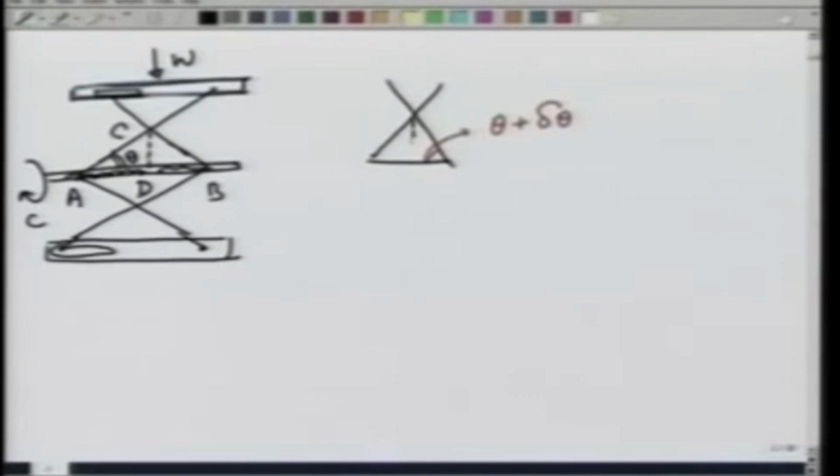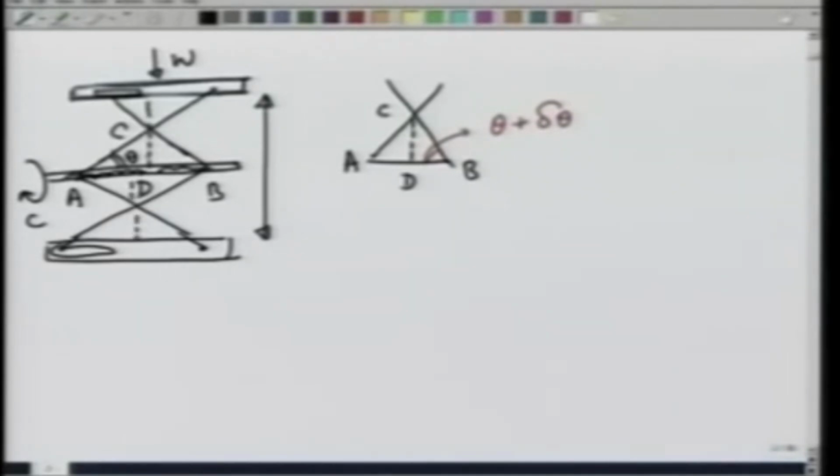So CD increases. The total length would increase by 4 times the increase in CD, because there are 4 gaps like these.